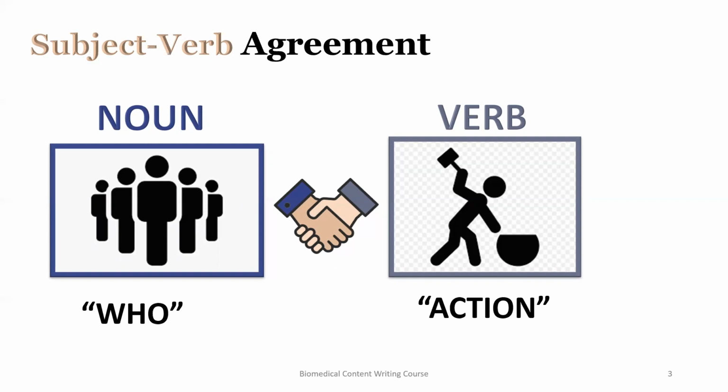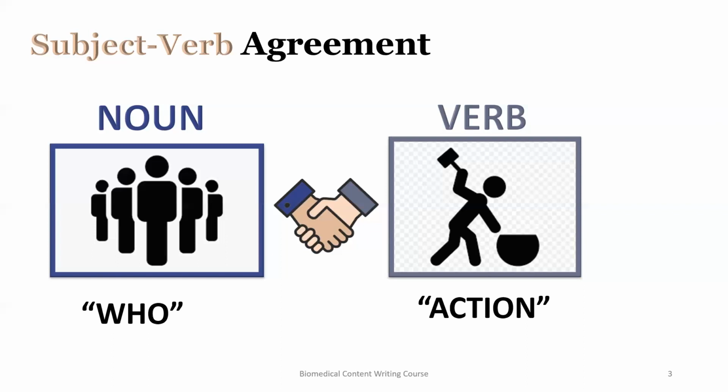Now, before starting this, I would like to tell you that subject verb agreement means the noun should be in agreement with the verb. The noun means who is performing the action. The person who is making the action is considered to be the noun, and the activity which is done by the person is known as the verb.